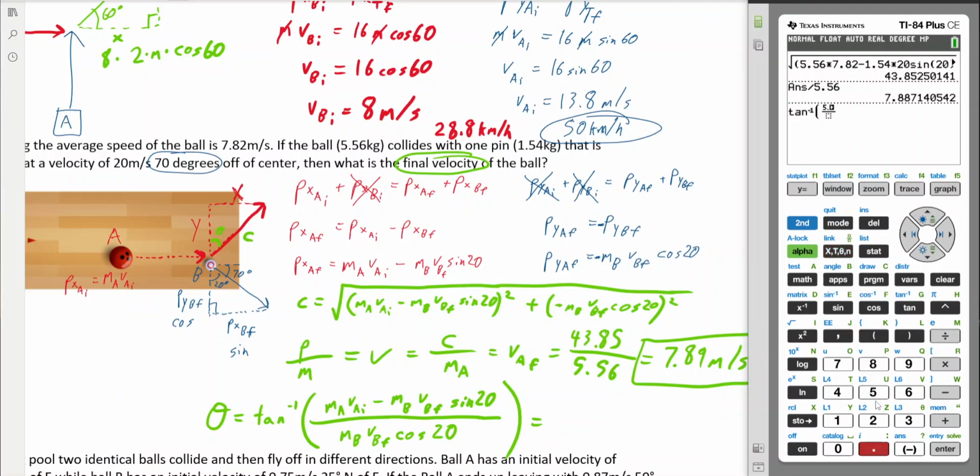So 5.56 times the velocity initial, so 7.82 minus 1.54 times 20 sine 20. Oh, did I do sine 20? Oh no, I should have done sine 20, yeah. Because I did 70 before. Okay, so yeah, sine, so this would be times cos 20.